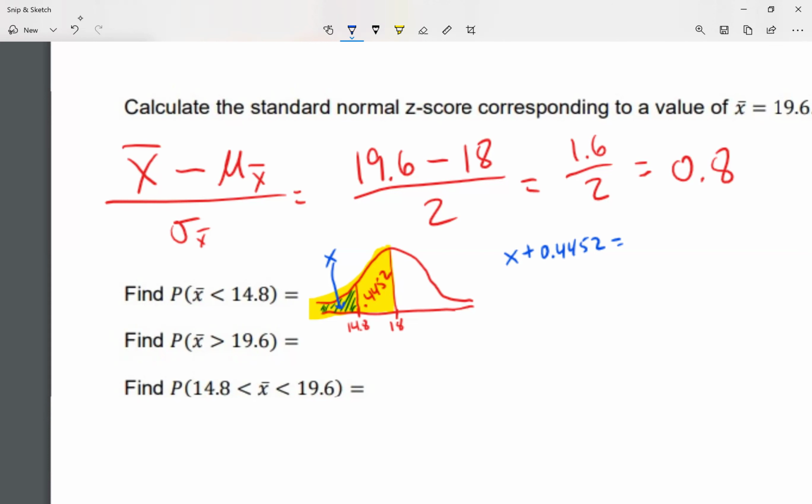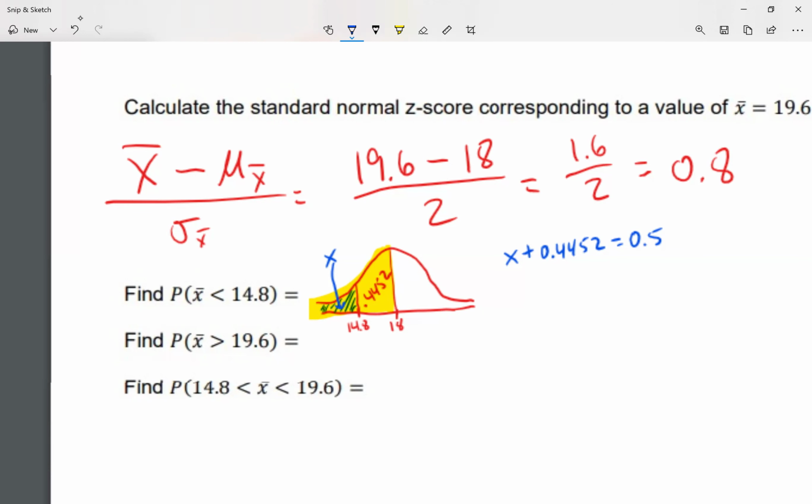So x, which is what I'm looking for, plus 0.4452 is equal to 0.5. How did I get that 0.5? It's half of our graph. Remember, under the whole graph it's 1, so under half of the graph is 0.5.